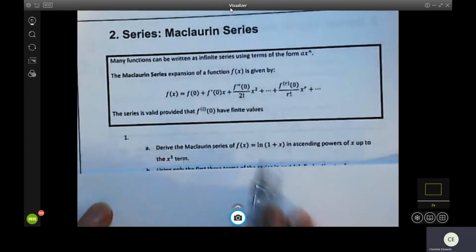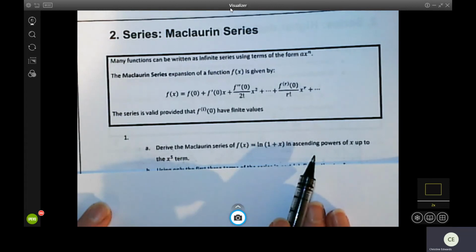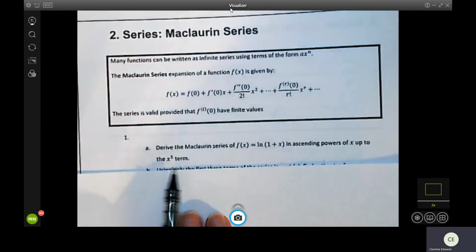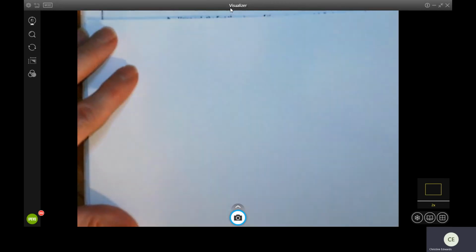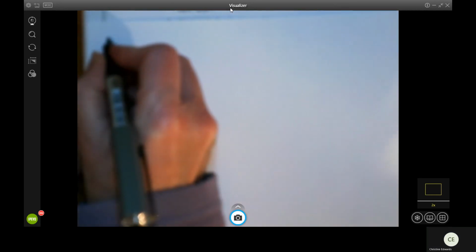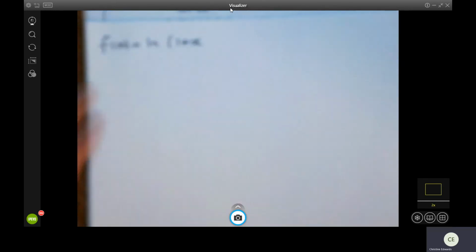We're given the function log of x plus 1, and we're asked to derive the Maclaurin series up to the x to the 5 term. So f of x is the log of 1 plus x.